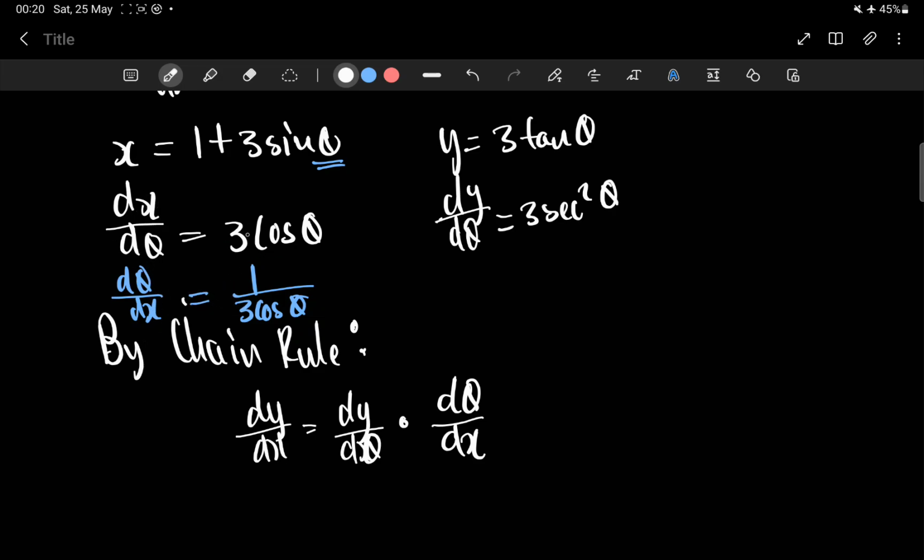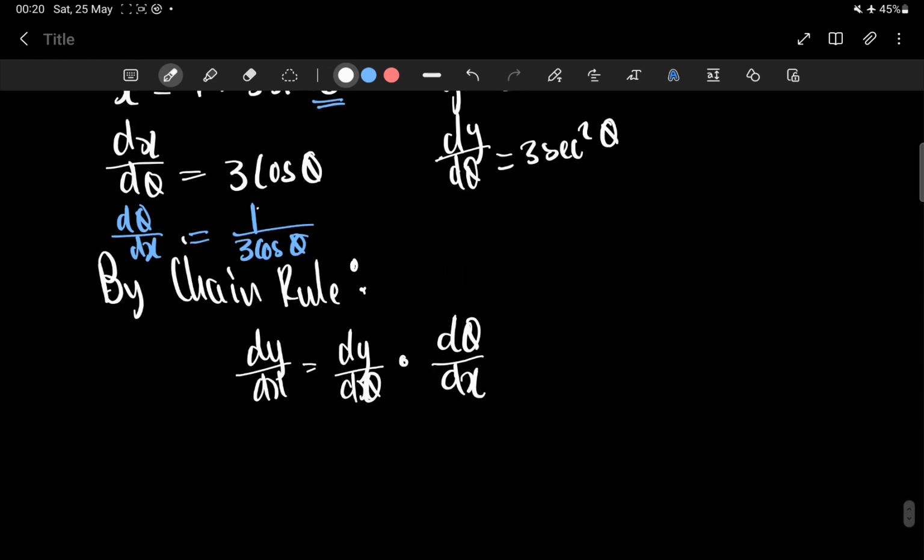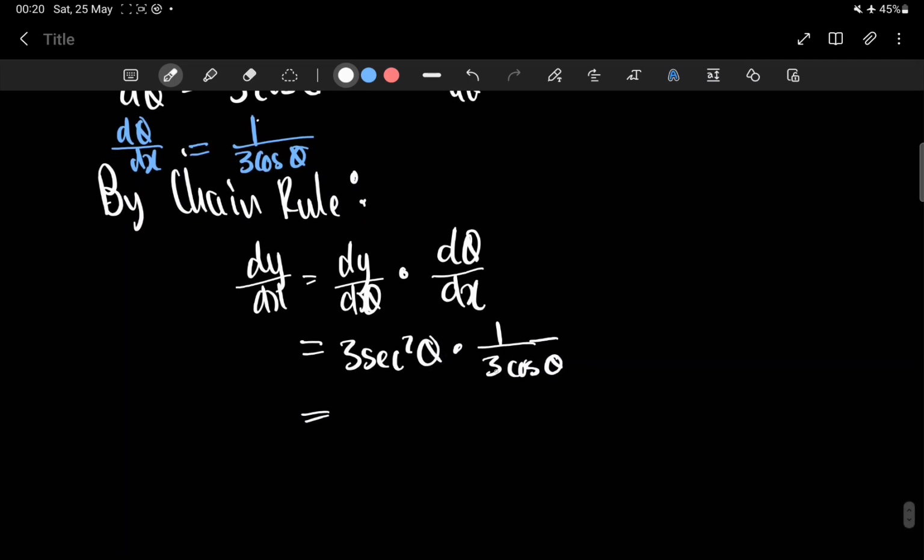You flip this, it becomes 1 over 3 cos theta. What's my dy d theta? 3 sec squared theta, times what's my d theta dx? 1 over 3 cos theta. Which is going to be 3 sec squared theta over 3 cos theta.